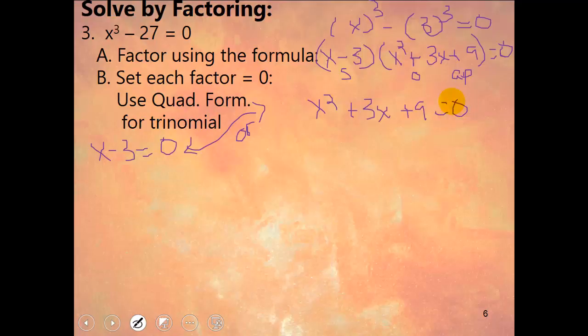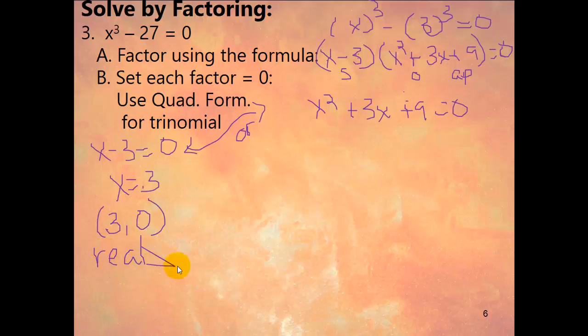On this one, this is just solving a simple linear binomial. X equals 3. This gives me the ordered pair 3, 0. This is a real solution.